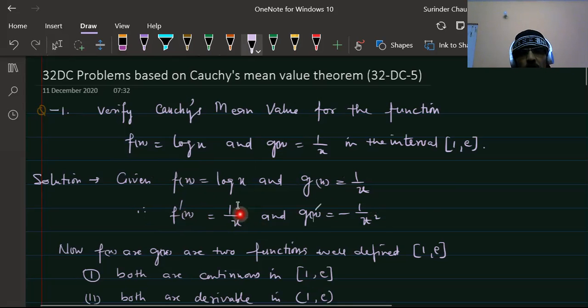Now for the function f(x), the domain is all positive real numbers, and the domain of g(x) is all real numbers except 0.